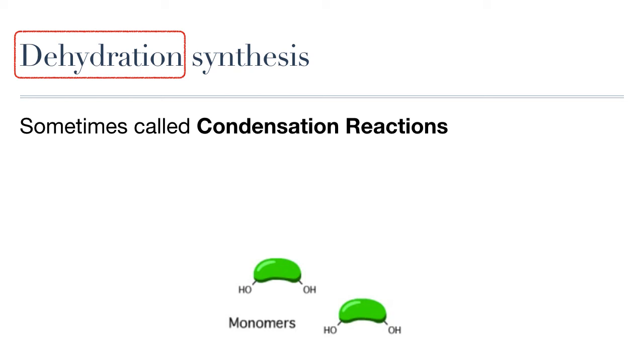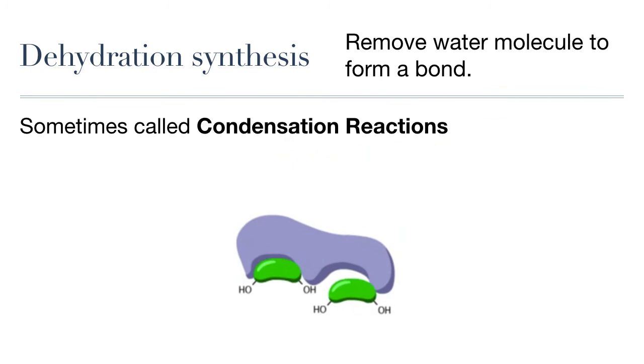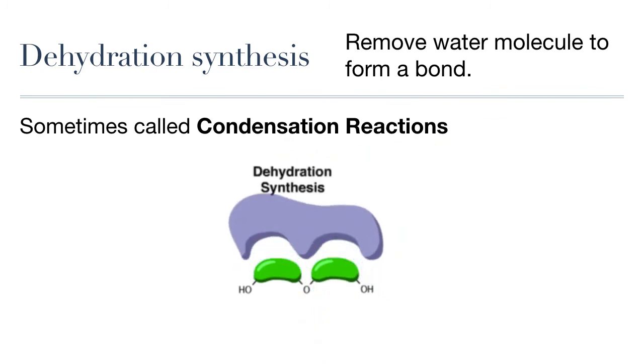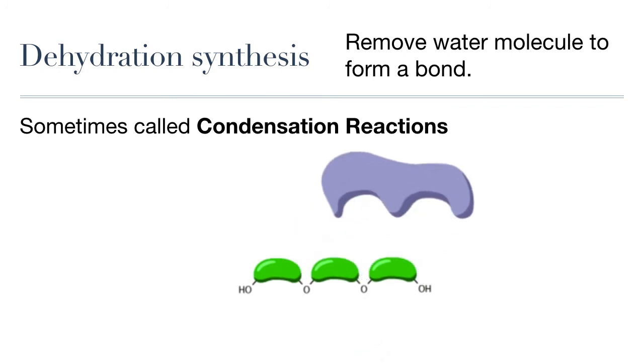So this tells us that the reaction involves the removal of water. And synthesis means to build or to put together. So a dehydration synthesis reaction is one that removes water to form bonds between molecules in order to build a larger molecule from the smaller molecules that make it up.